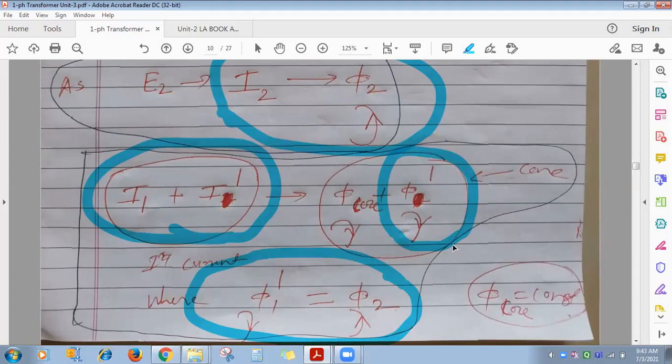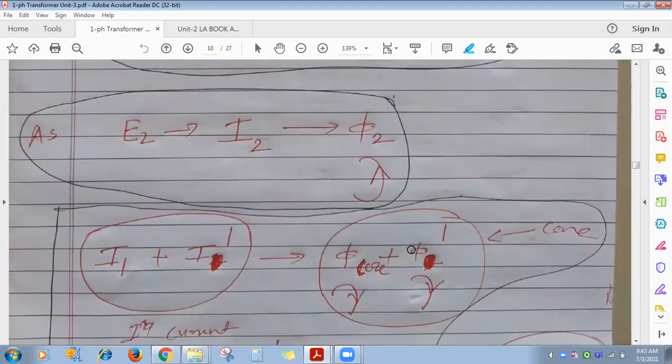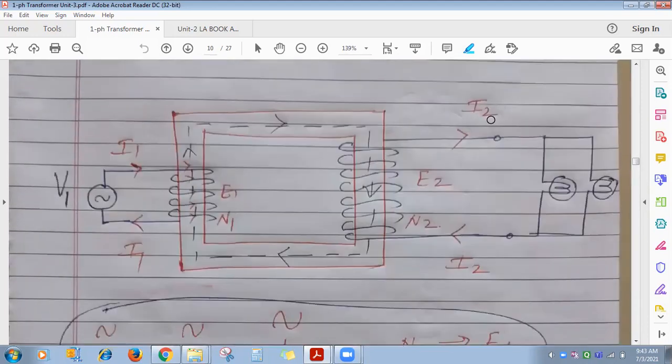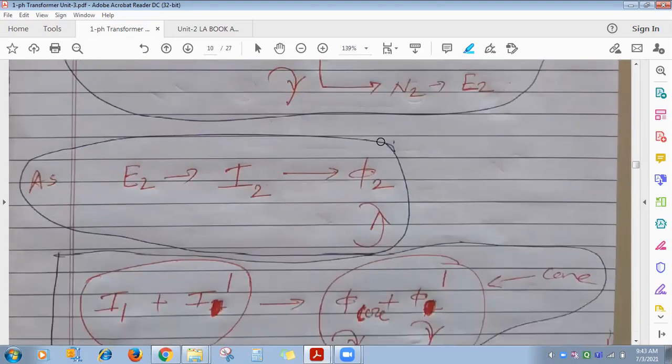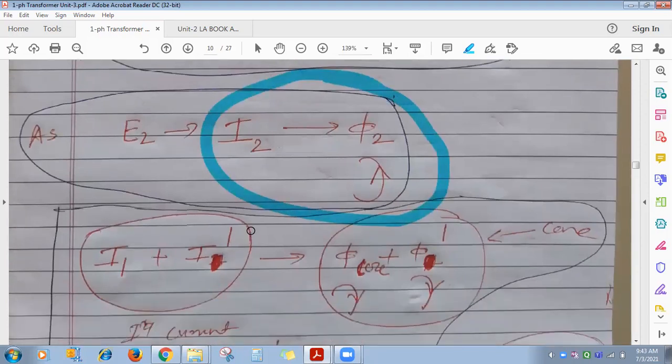Yes, ma'am. Okay, means what is happening here? You increase the load, I2 increases, and at the same time I1 also will increase. I2 increases here, at the same time I1 will increase.